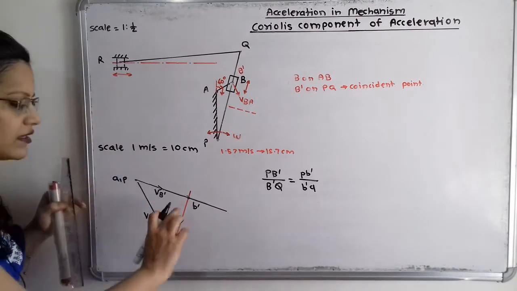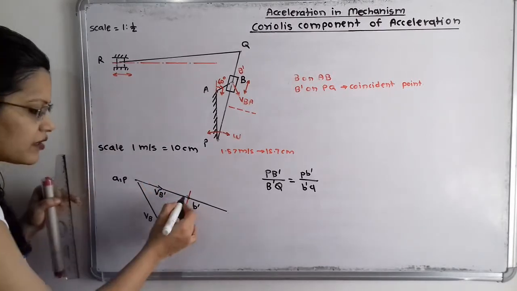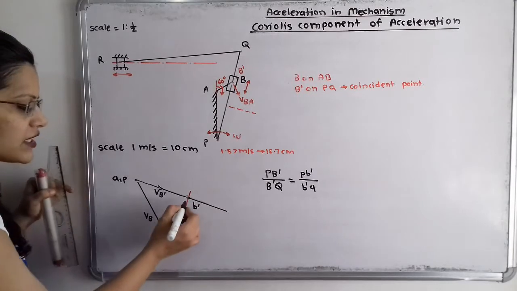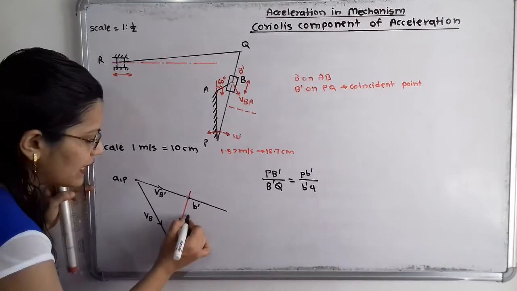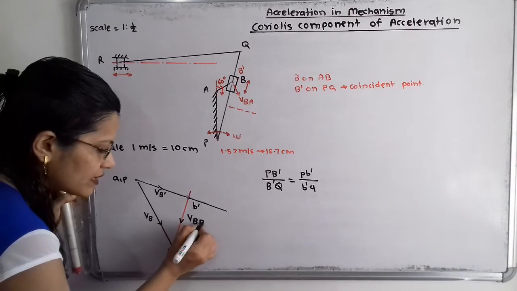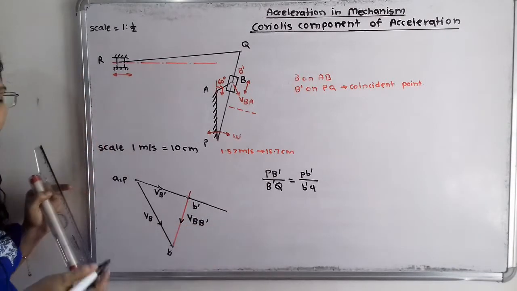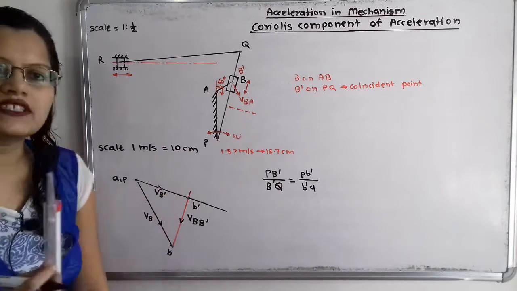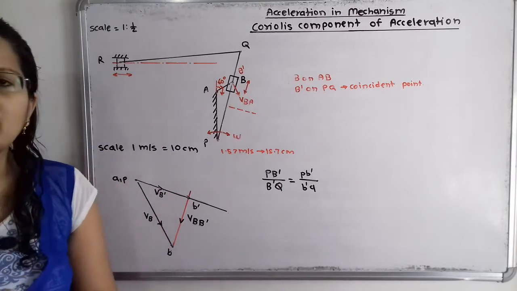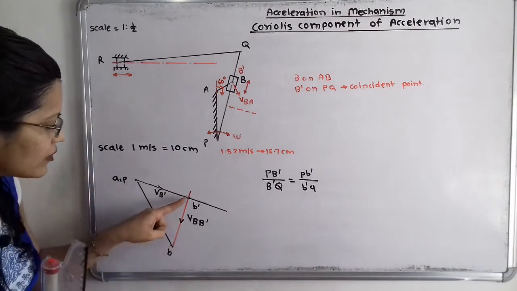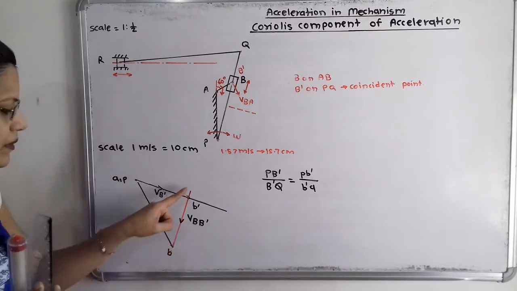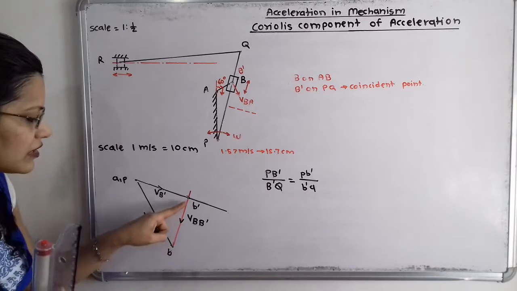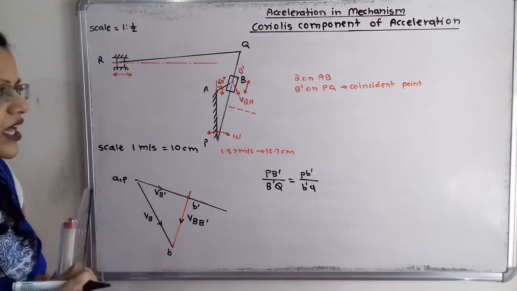Now how I can define this vector B dash to B, because here the initial point B dash and final point is B. So I can say that velocity of B with respect to B dash. So suppose that arrow is in upward direction, then how we can define this? So velocity of B dash with respect to B. But here we have taken this arrow in the downward direction.